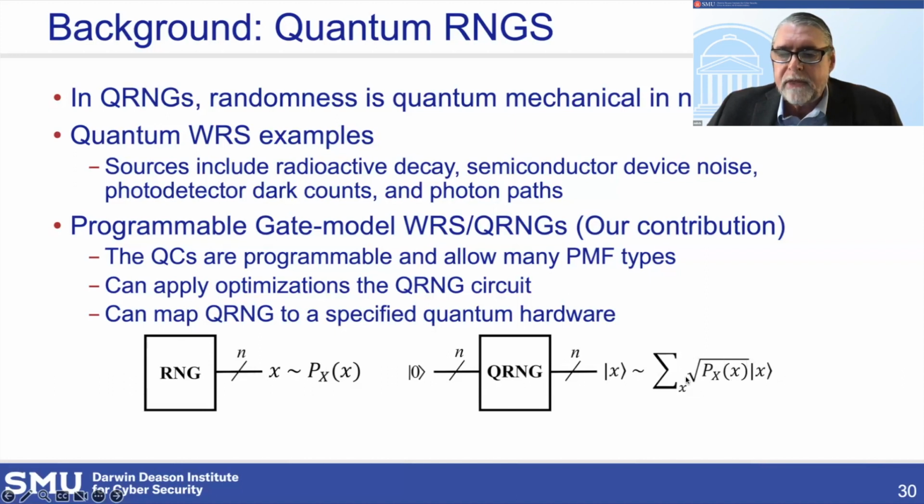And it's going to be of this form. This is just really implementing a user-defined probability mass function as a single quantum state of n qubits.